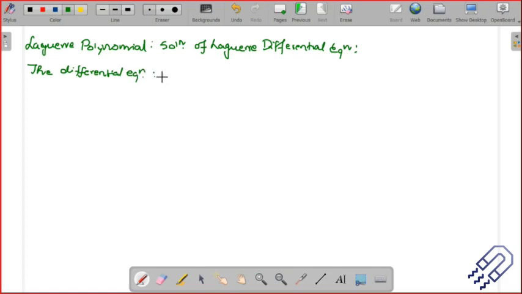So the differential equation here is x d²y/dx² plus (1 minus x) dy/dx plus n times y is equal to 0. Let me shift to a black pen. I think darker is better.